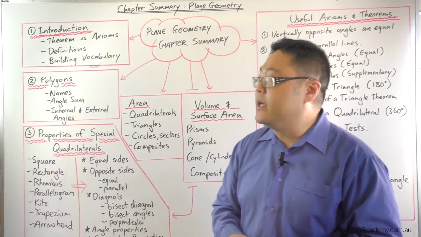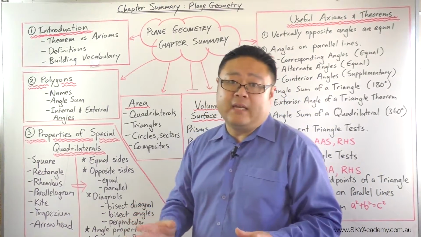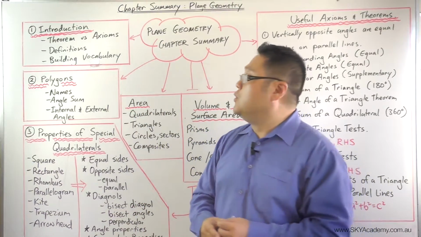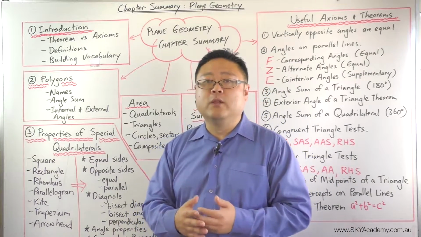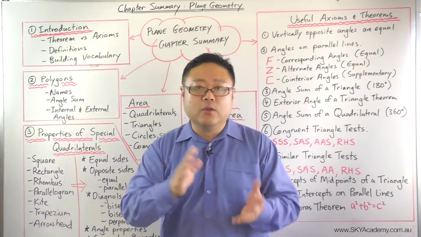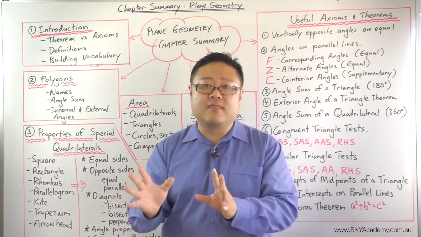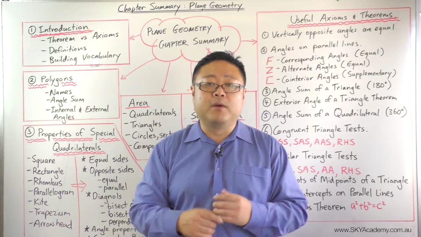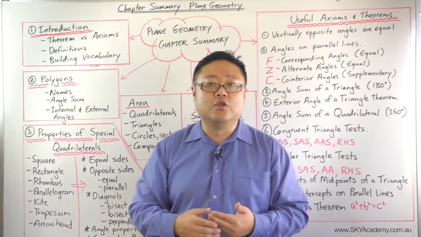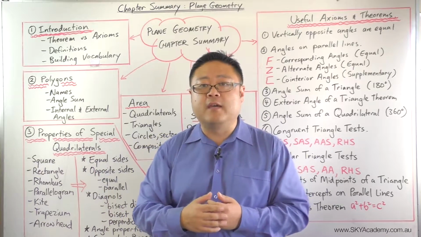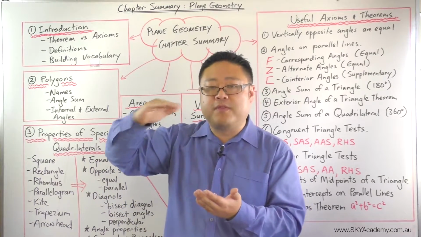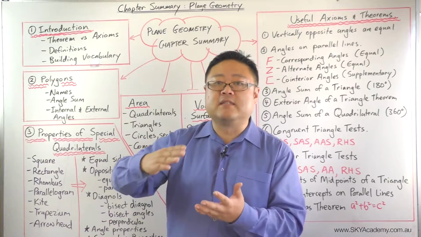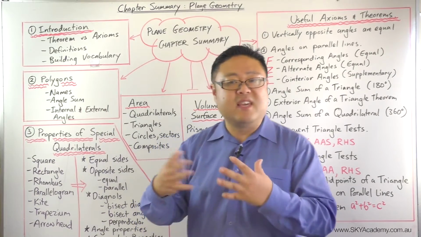So here's what we did in this unit of work. We started off with a basic introduction to plane geometry, and we looked at some definitions. We looked, for example, at axioms and theorems, and we worked out that theorems are very useful because they help us build an argument, using factual theorems as a basis because they are true.